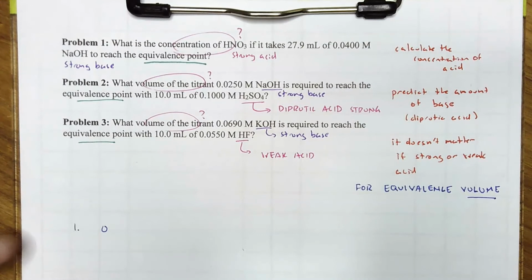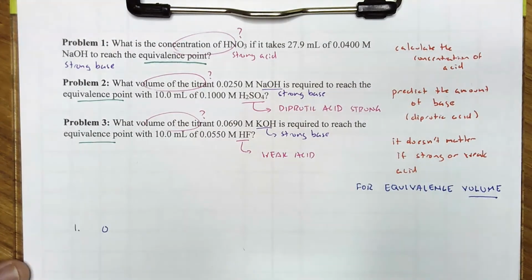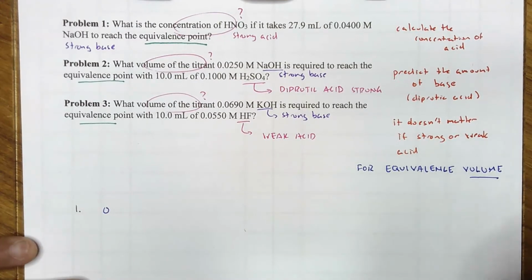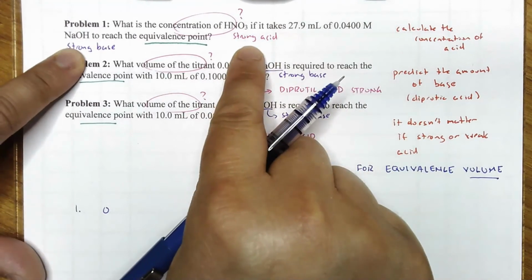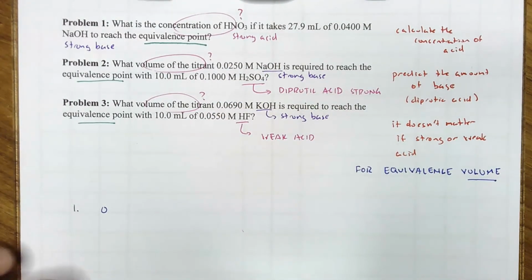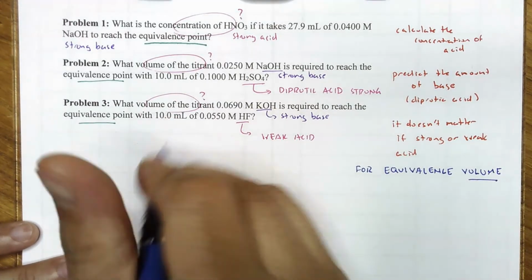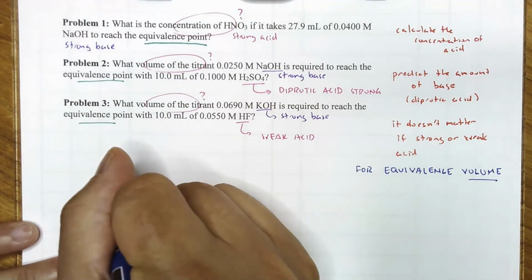If we set those equal to each other, we have reached the equivalence point. In this case, yes, the OH minus amount will equal the H plus amount. They're both strong, so they're both fully dissociated. I am going to go ahead and convert to liters.